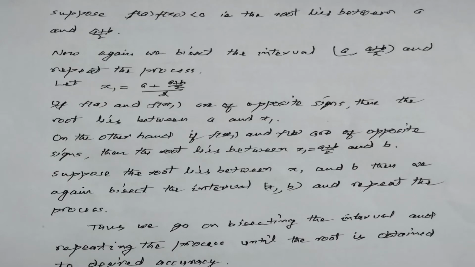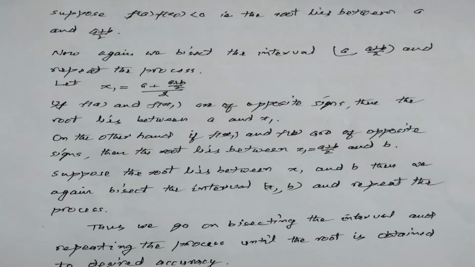Suppose f(a) into f(x0) is less than 0, that is, f(a) into f(x0) is negative, that is, the root lies between a and (a plus b) by 2.